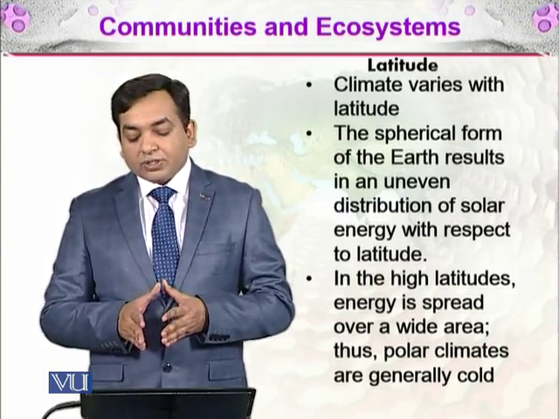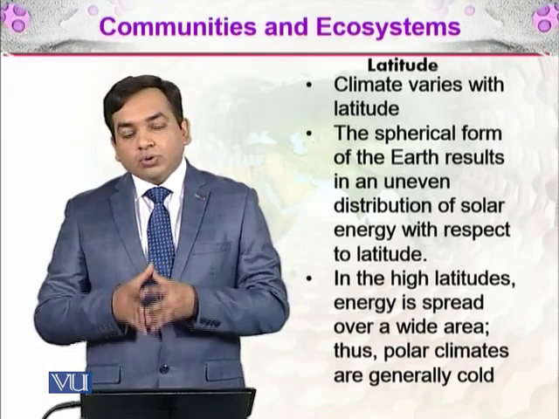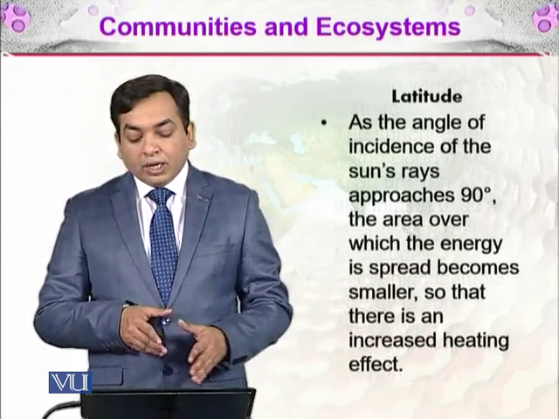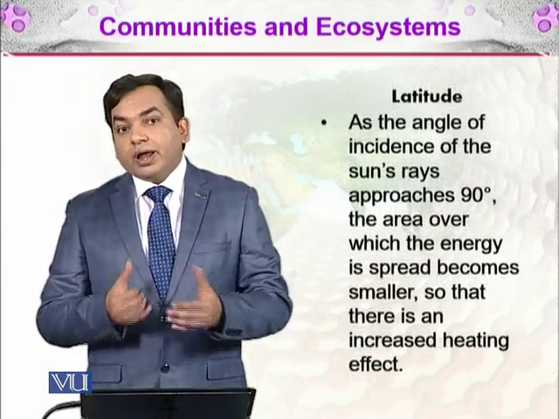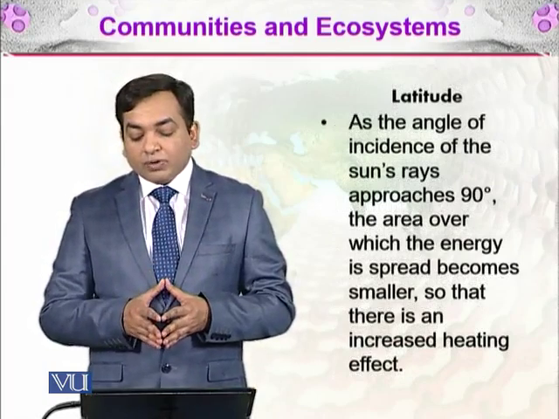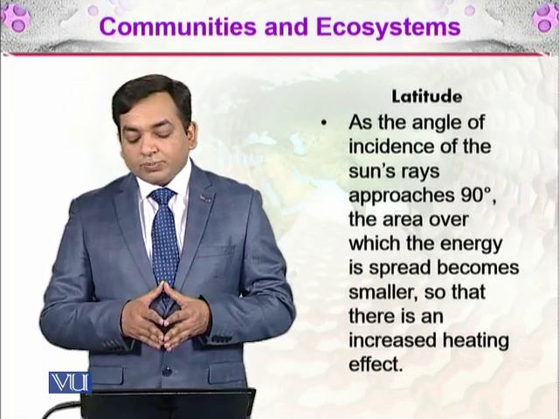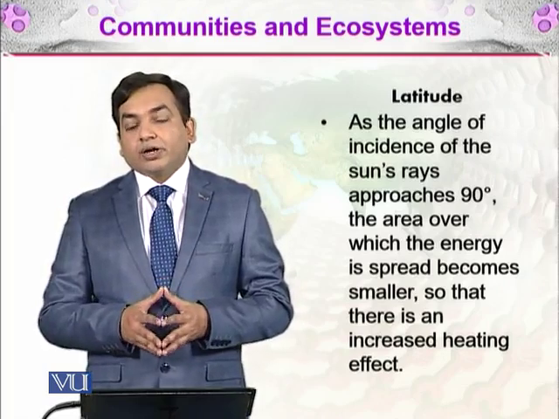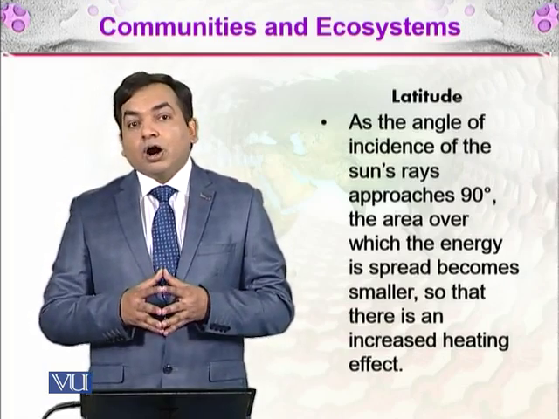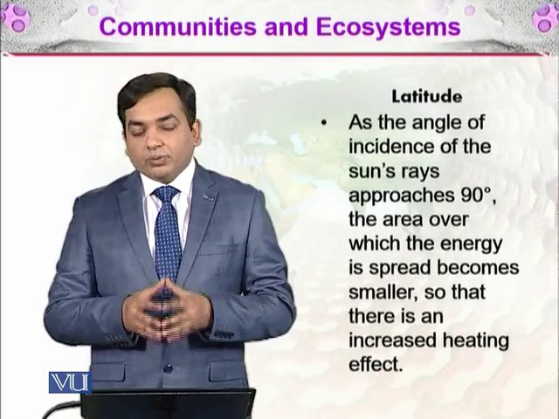Thus, polar climates are generally cold, but as you go towards the equator, as the angle of incidence of the sun rays approaches 90 degrees, which is at the equator, the area over which the energy is spread becomes smaller, so there is an increased heating effect. So you will have harsher summers on the equator.